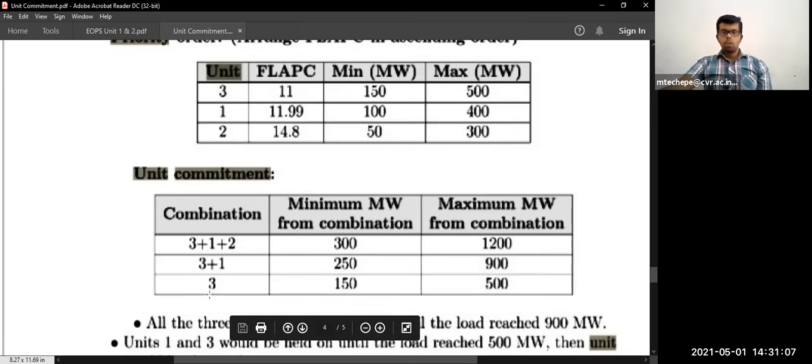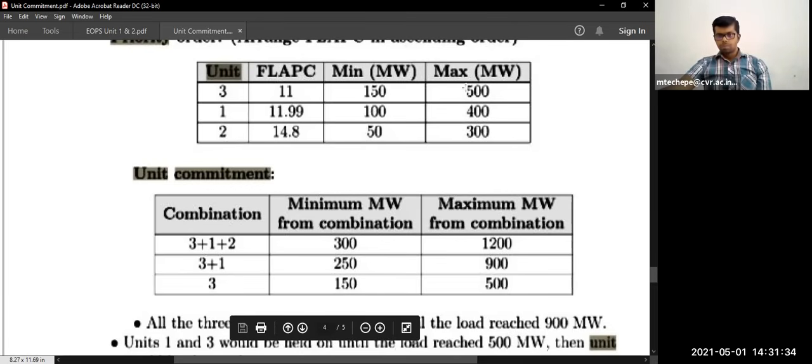If you go for the third generating unit alone, the maximum is 150. Either 100 or 50 megawatt you can manage with this 150 megawatt. So we are going for the 150 megawatt minimum combination.